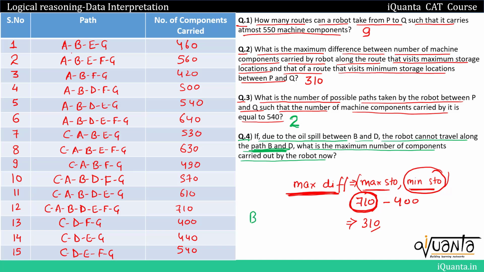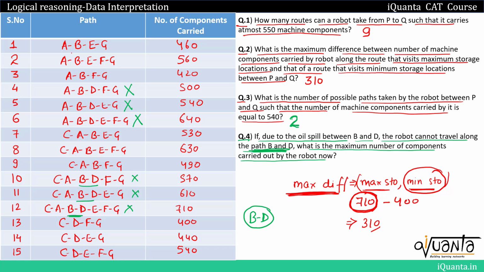That means there was a connection between B and D directly. So where do we have such paths? This is one of them, let's remove it. This is one of them, remove it. Remove this one also. Then we have BD over here, remove it. BD over here, remove it. Remove this one also. Do we have any other route in which we are going through path BD?